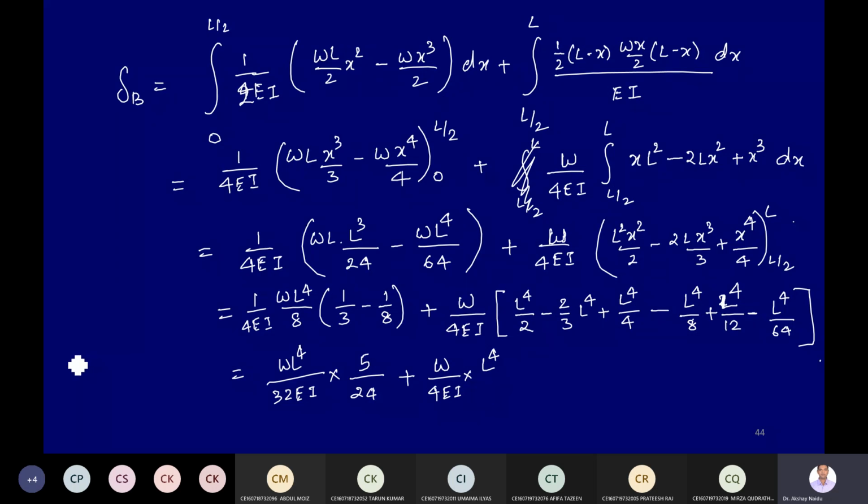Okay, I'll do a rough calculation here. 1 by 2.5 minus 2 divided by 3 plus 0.25 minus 0.125 plus 1 upon 12.